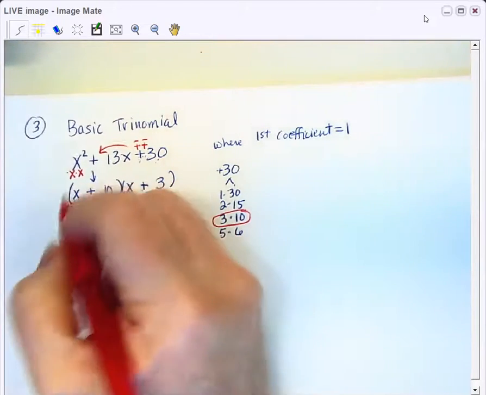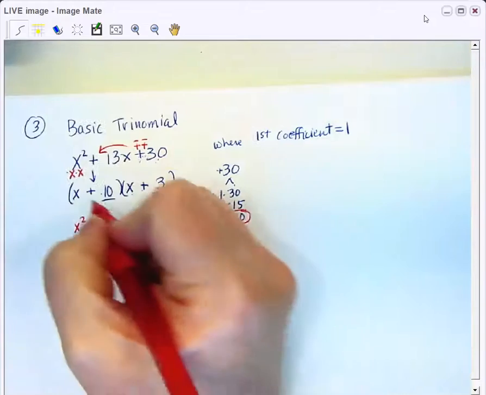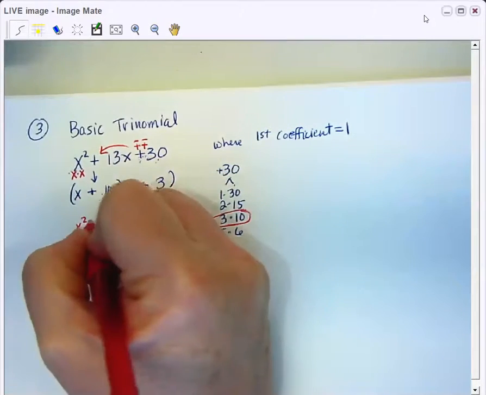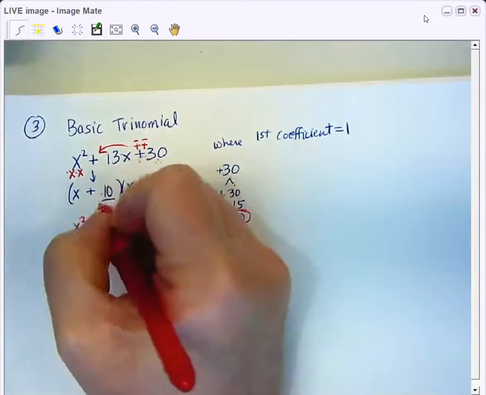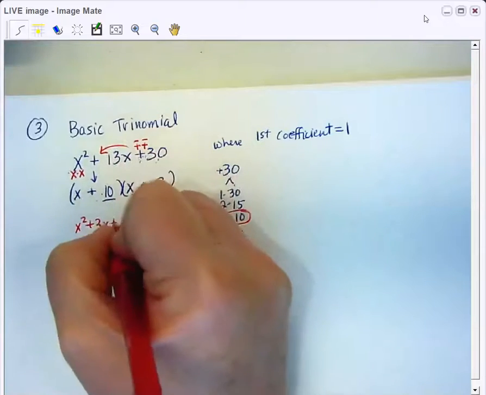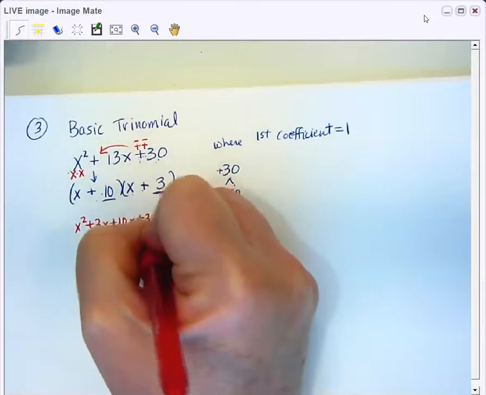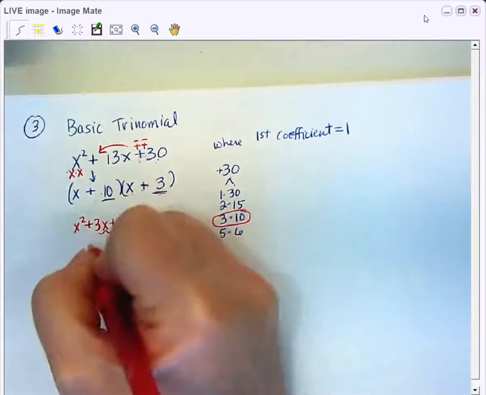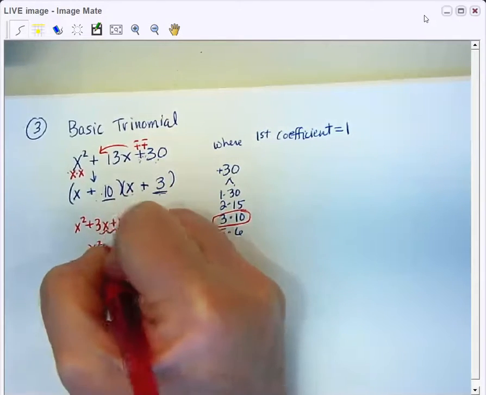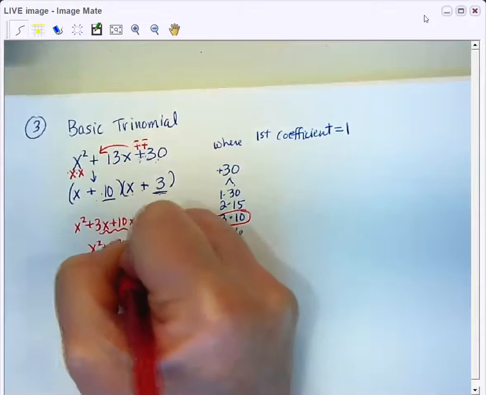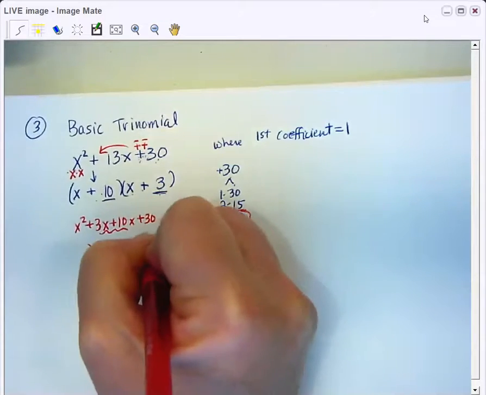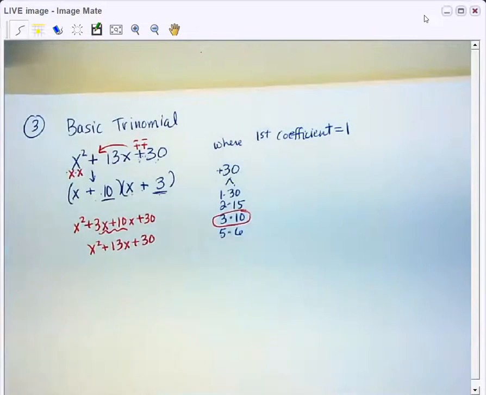I would go x times x is x squared. x times 3 is a plus 3x. 10 times x is a plus 10x. And 10 times 3 is a plus 30. So when I add my terms in the middle together, I get 13x plus 30, you're done. So this is checking our work.